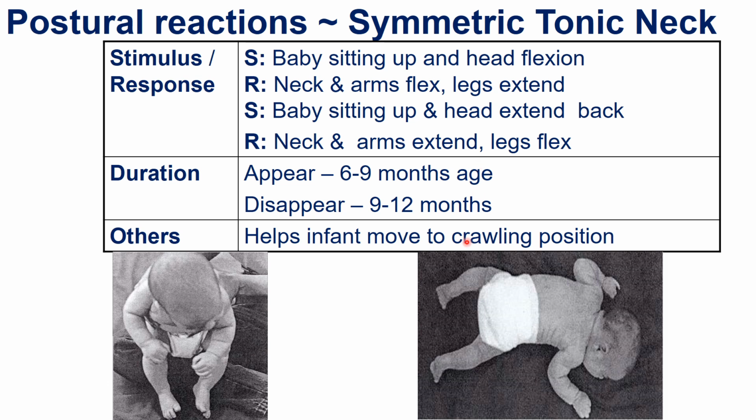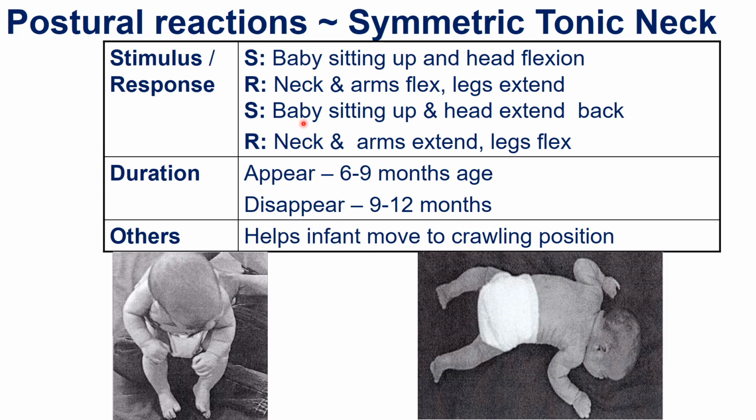Now again let's see how you stimulate and what the response is. Symmetric tonic neck reflex. Here the stimulus is that you bring the baby to a sitting position and flex the head. If you do this, the neck and arms flex while the legs extend.